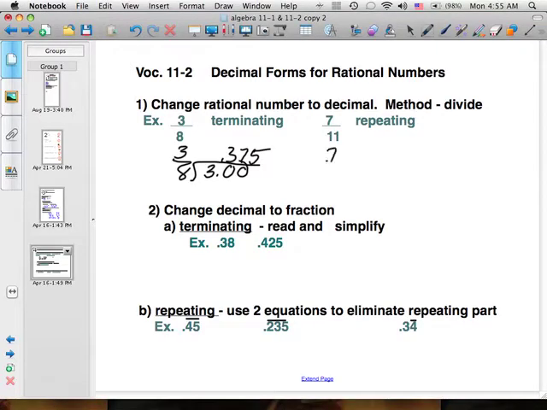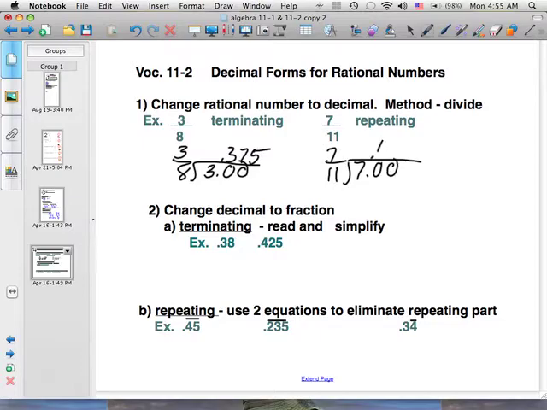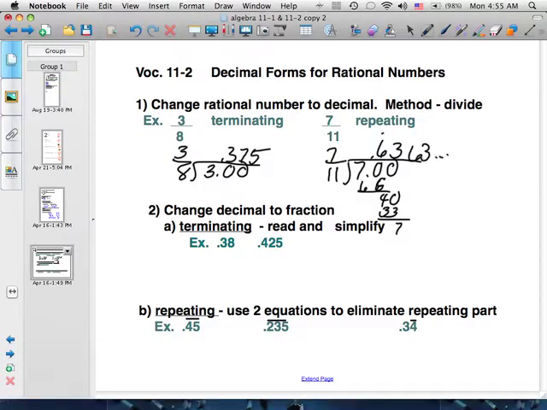And 7/11 is a repeating decimal. Divide 11 into 7. We get 0.636363. So it'd be 0.63 with a bar, and we use that repetend sign, that bar.